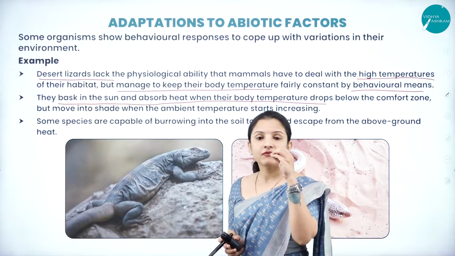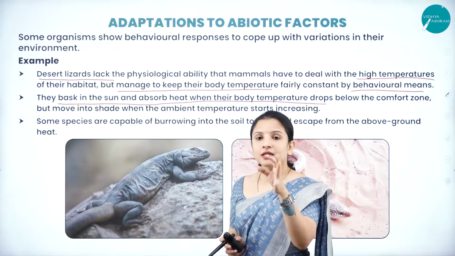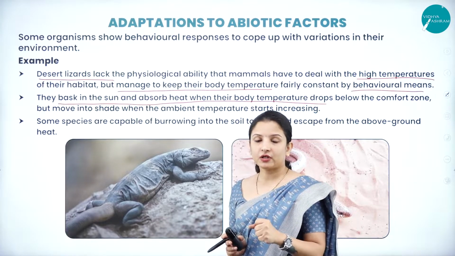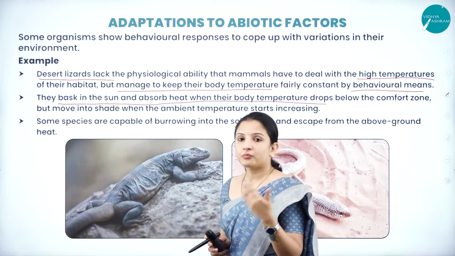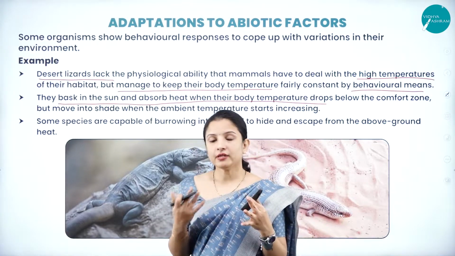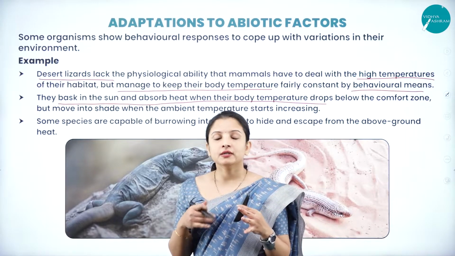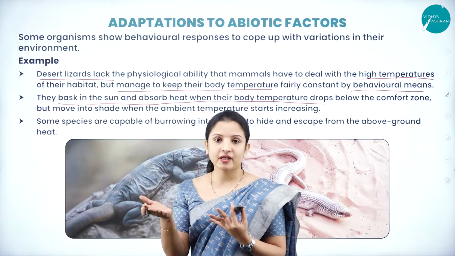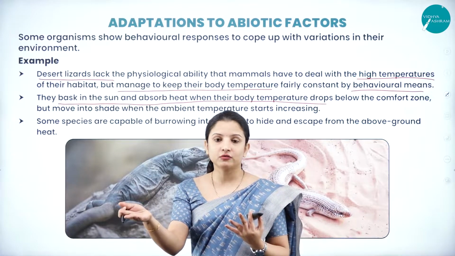So once the morning comes, they come out of their burrows and bask in the sun in order to absorb heat. Once they absorb the heat from the sun, they regulate their body temperature. And once they have done so, they move to the shade. Why? Because the temperature in the desert will be very high in the mornings and afternoon.